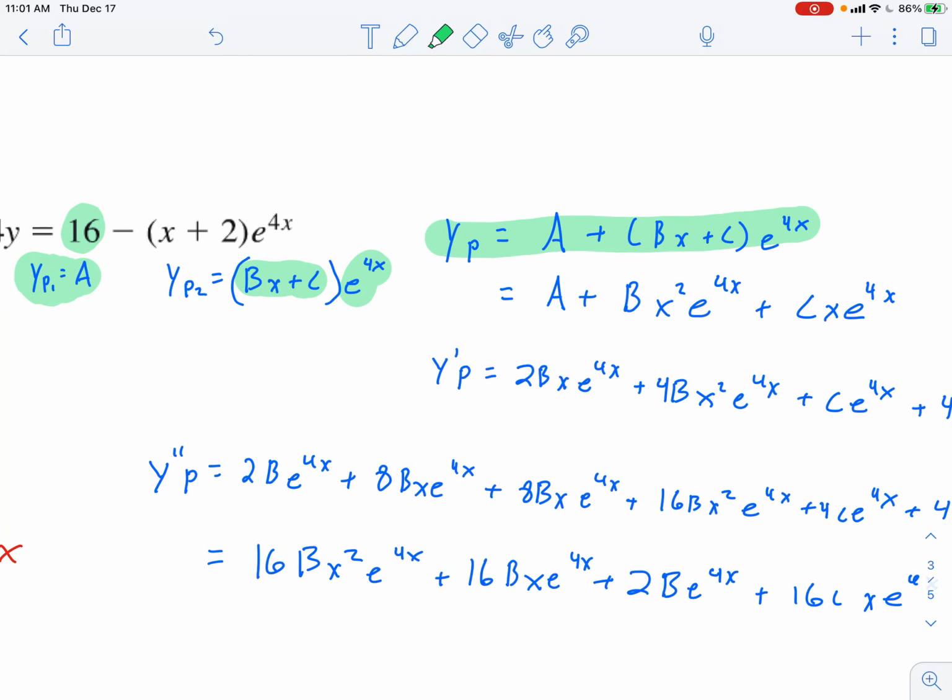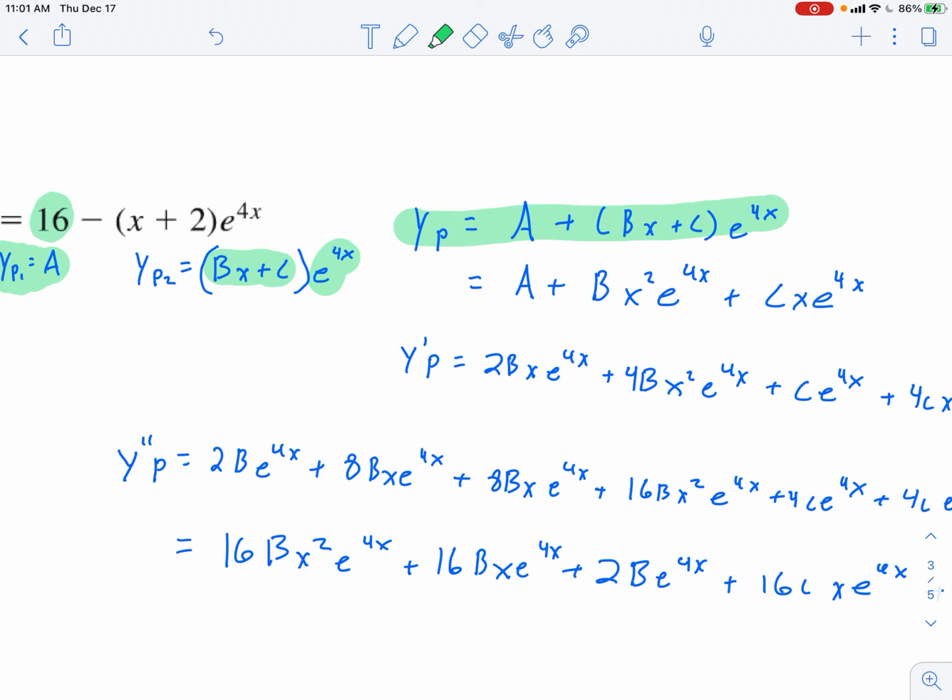Over here to the right, if I distribute everything, you don't have to, but if I do, I get Bx e to the 4x plus C e to the 4x. So that's my y sub p.